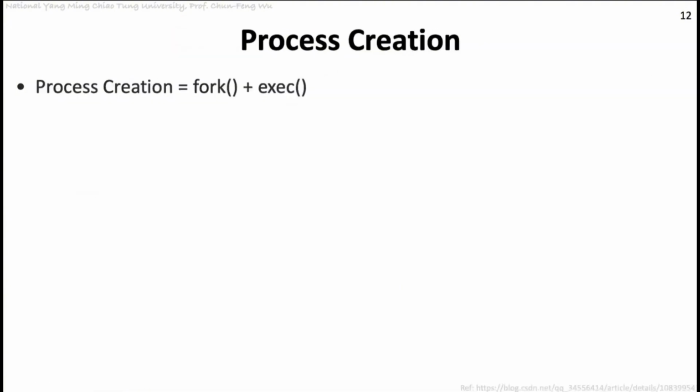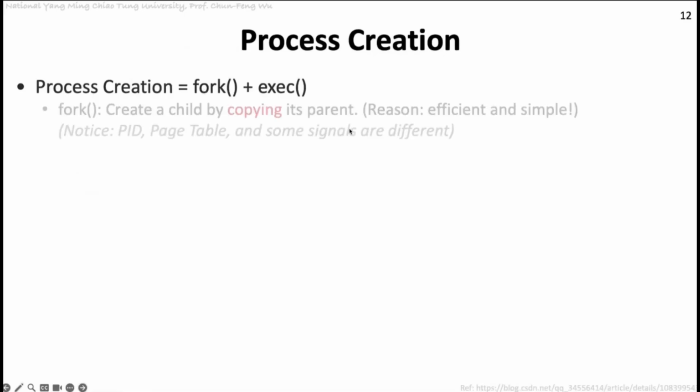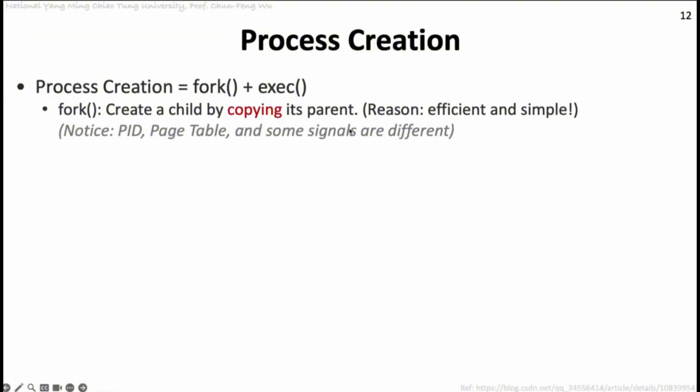Those are what we talked about last week. This week, let's start from process creation. In most operating systems, we use fork plus exec. Fork means we create a child by copying its parent. It is quite simple, and the design concept behind fork is that it is efficient enough.